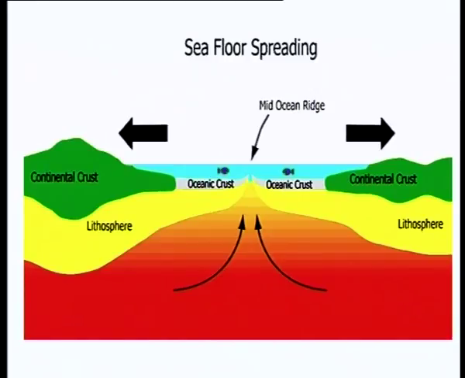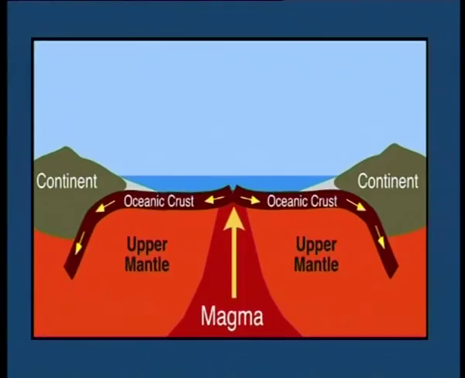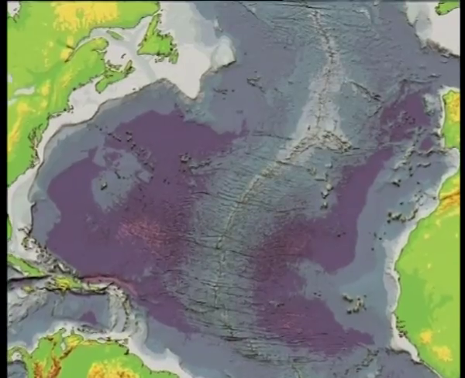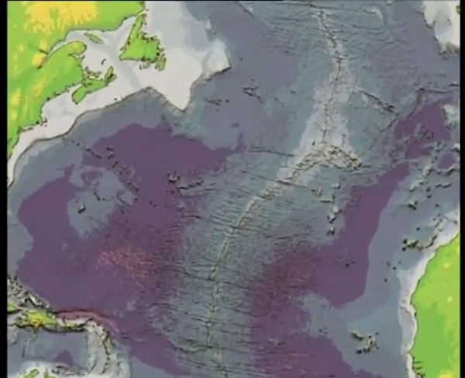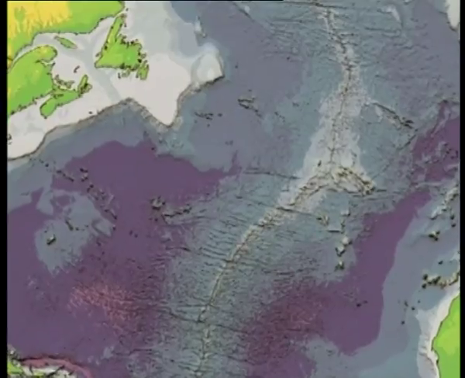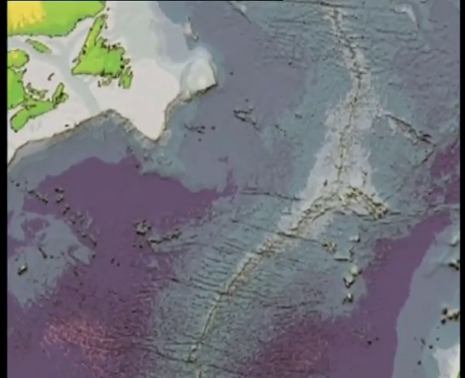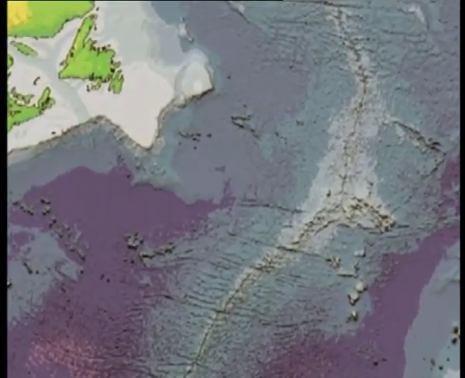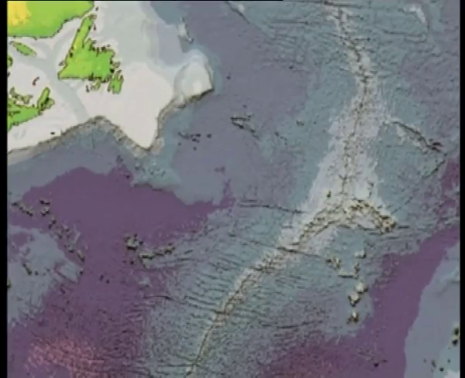In case of intermediate spreading ridges, the median or axial valley is moderately deep with not many irregularities, and in case of fast spreading ridges, the median valley is very sharply defined, occupying only the top of the ridge crest, and the slope is very gentle on either side. This topography helps us in understanding the features or processes that are active below the ridge crest.